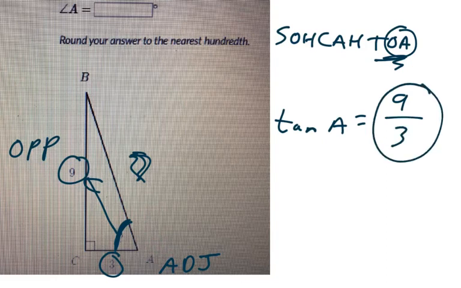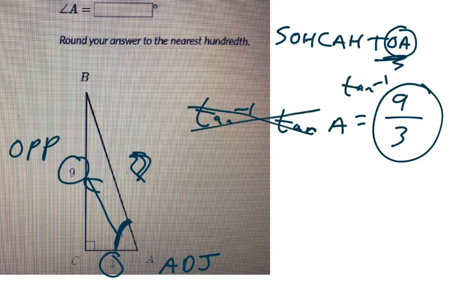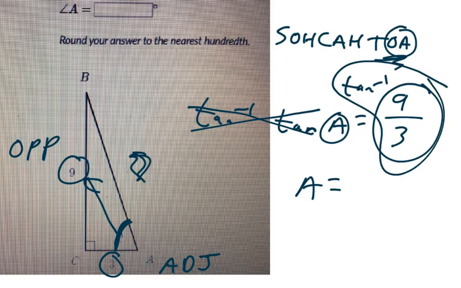So we're going to do this in our calculator, and then we're going to do tangent inverse on it, because that gets rid of the tangent. So angle A, which is what I have left over there, is going to equal whatever that is. So let's do it on our calculator.